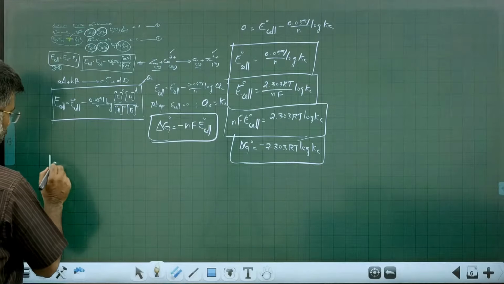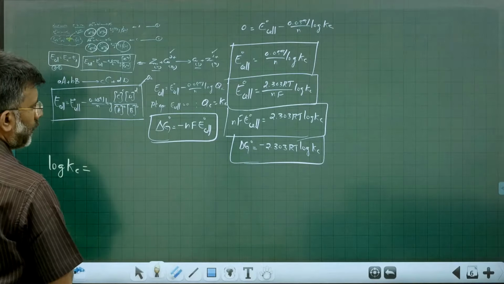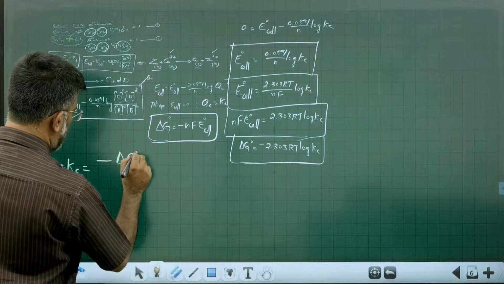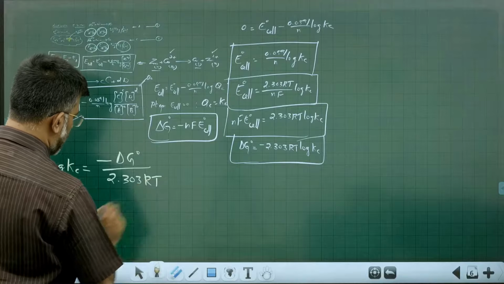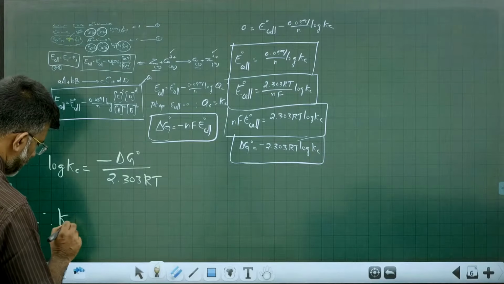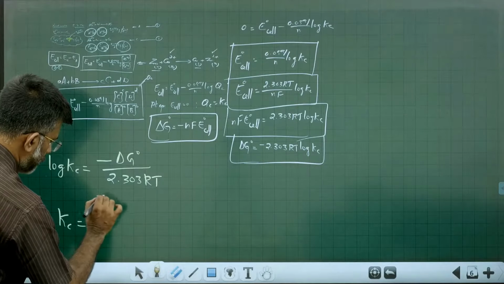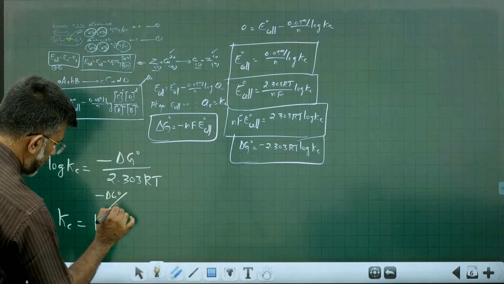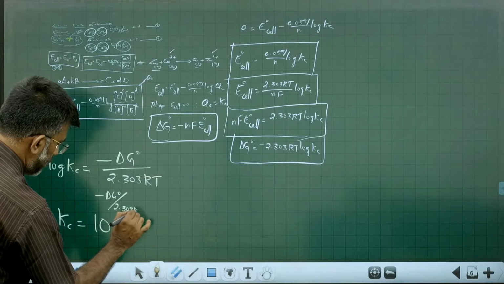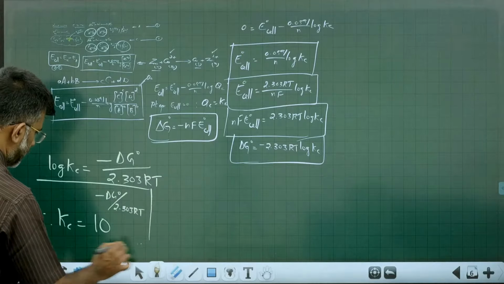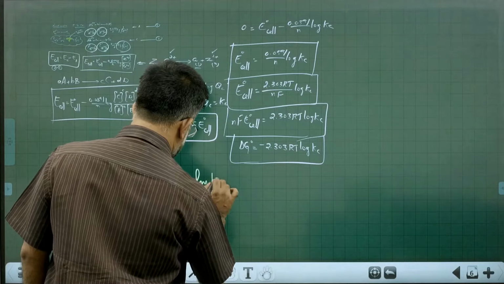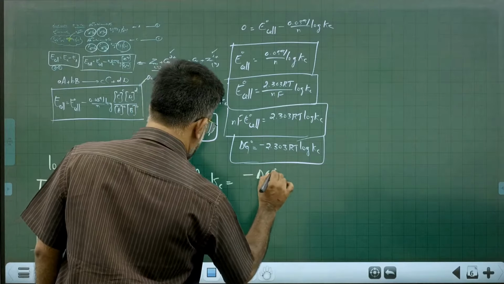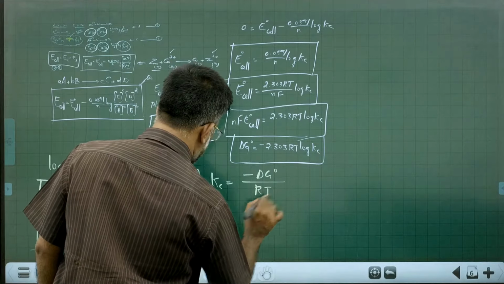You see, log Kc is equal to minus delta G naught by 2.303 RT. Therefore, Kc is equal to 10 to the power minus delta G naught by 2.303 RT, like this. Or even it can be ln Kc. ln Kc is equal to minus delta G naught by RT.